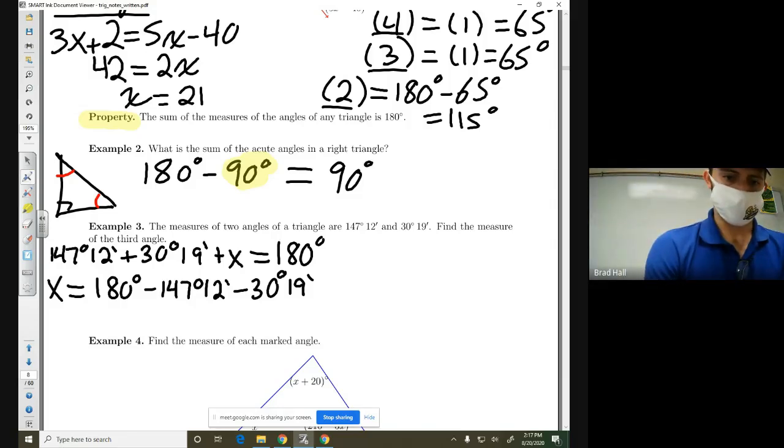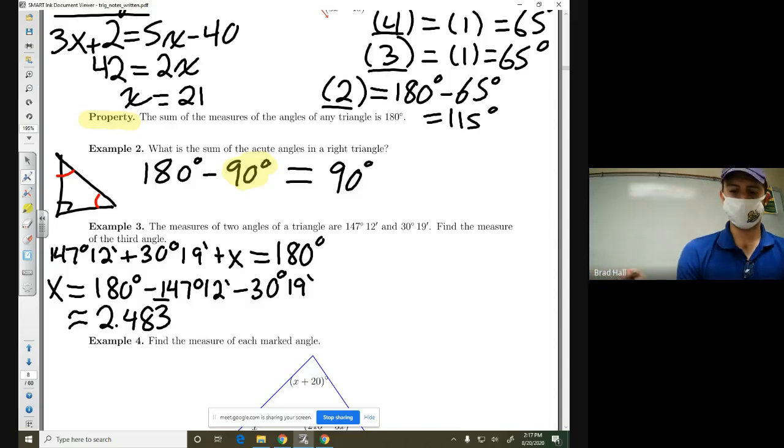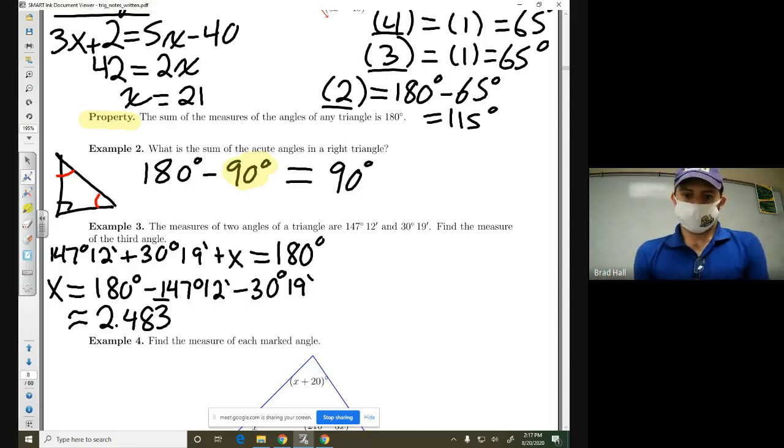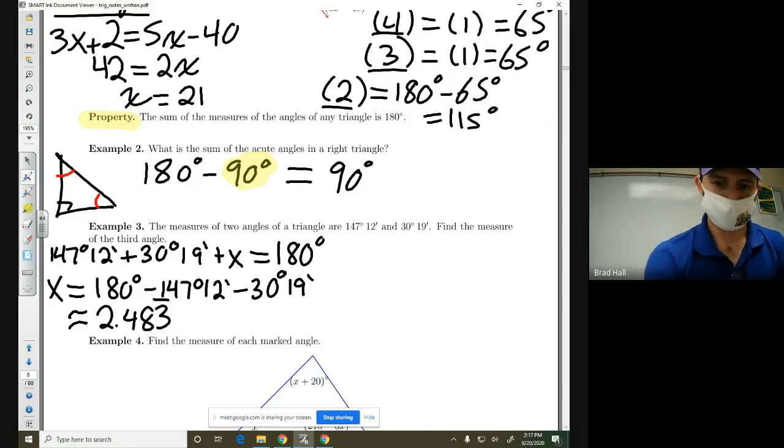So my calculator gives us 2.483 repeated. And really what this problem should tell you is to put this answer in degrees, minutes, seconds, because the other two are in degrees, minutes, seconds. So how do you convert from this decimal degree to degrees, minutes, seconds?